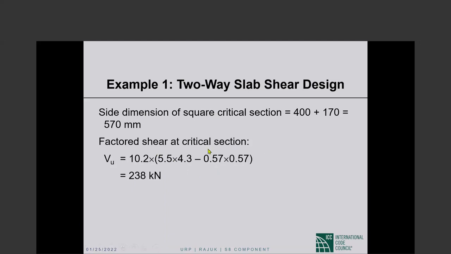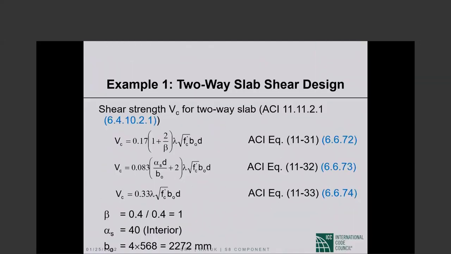We are taking away the load that is inside the critical section. That is the 0.57 times 0.57. That gives us 238 kilonewtons of direct shear. This is very simply the factored load sitting on the entire slab panel outside of the critical section, 238 kilonewtons.